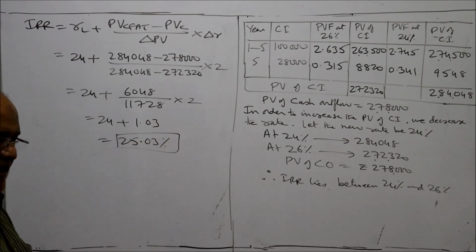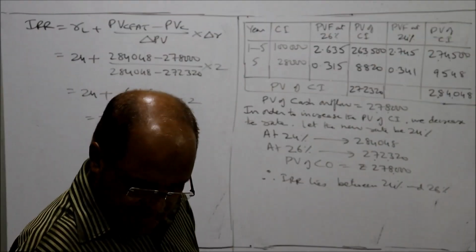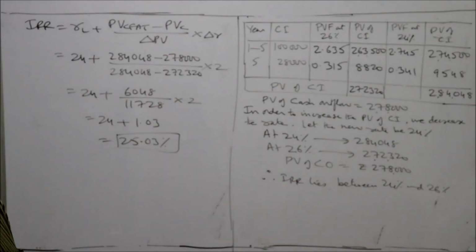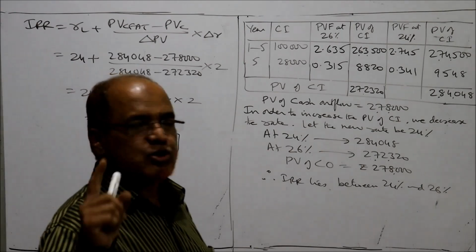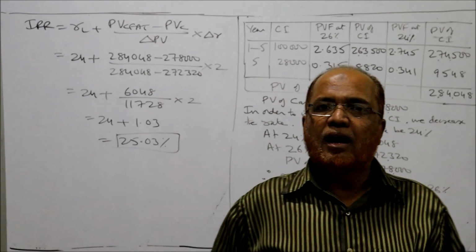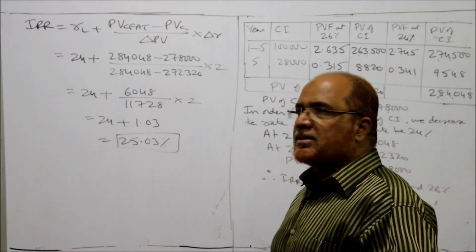That's it. 25.03%. This is the IRR of option 1, 25.03.